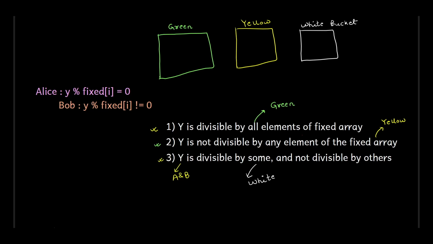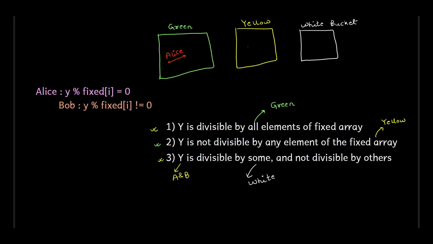Now you can see that this green bucket is entirely owned by Alice, because Bob can never touch any element of this green bucket. So Alice can be 100% sure that whenever she wants to, she can take an element from this green bucket.